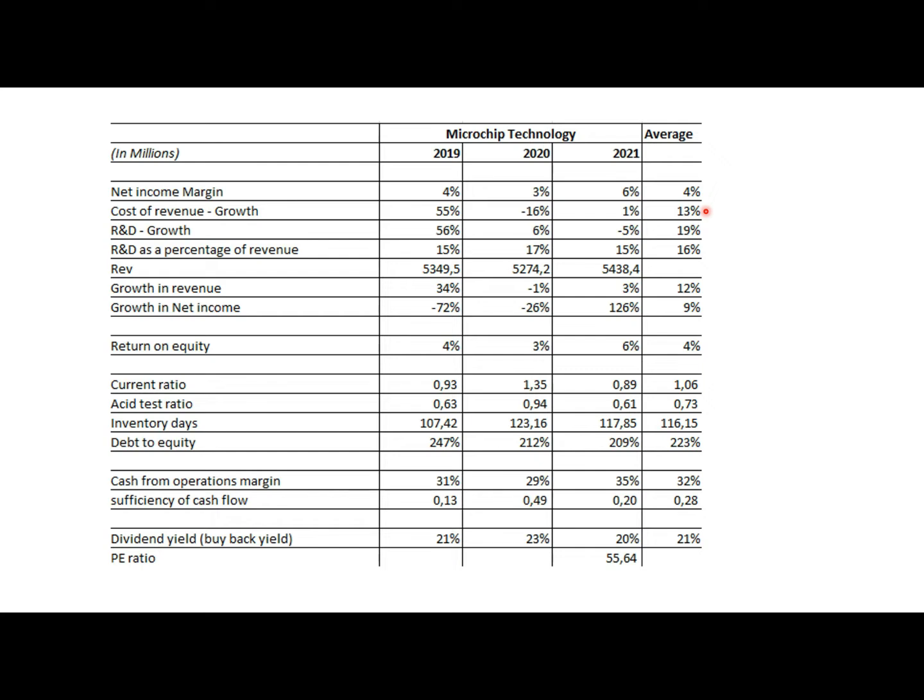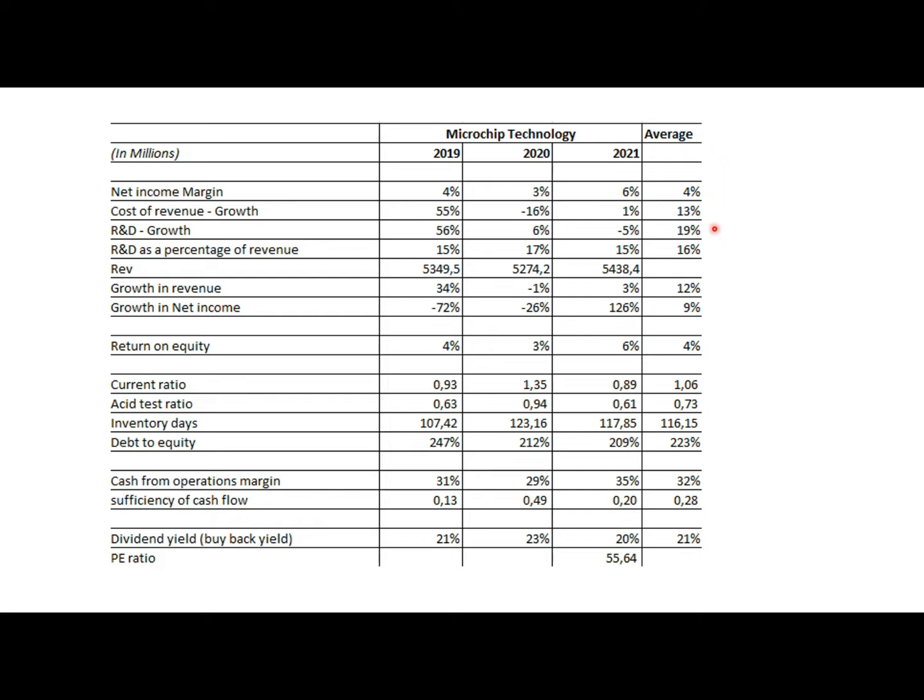So again, given the high competition and the effects of COVID, you can understand why the growth in cost of revenue has been declining. It was basically to protect margins and not spend what's not needed.